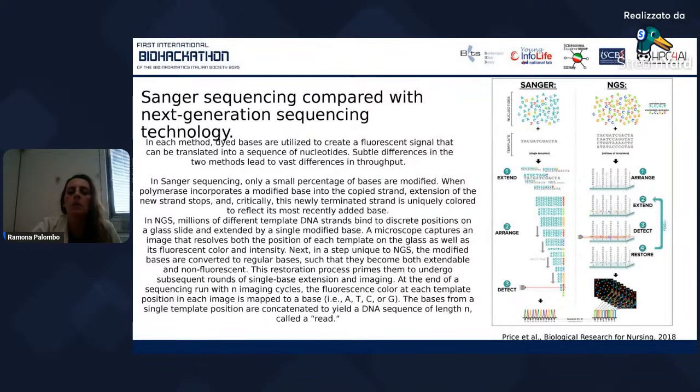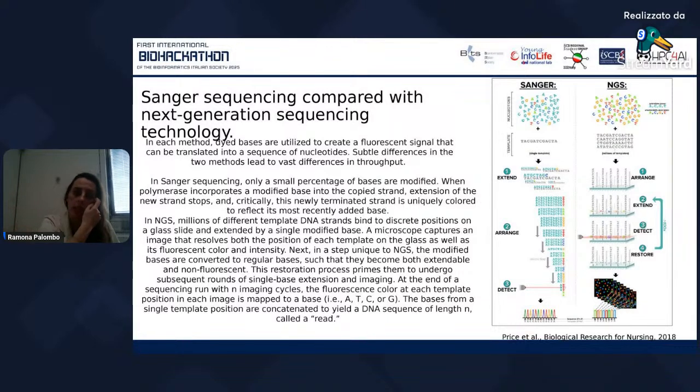Obviously, we have the incorporation of the fluorescent nucleotides, and with a microscope, we can detect each nucleotide that is inserted in the elongation of the transcript. In this manner, with multiple steps of PCR, the different nucleotides are included and detected one by one. And so we have different measurements at the same time.